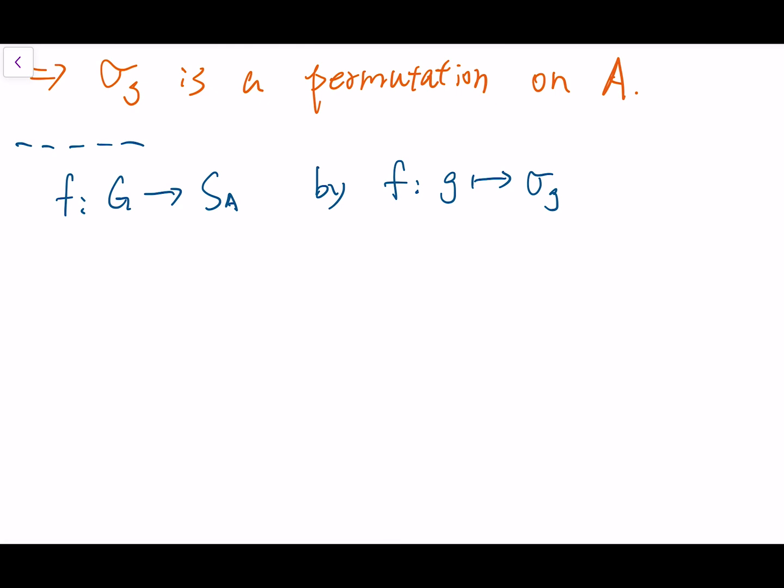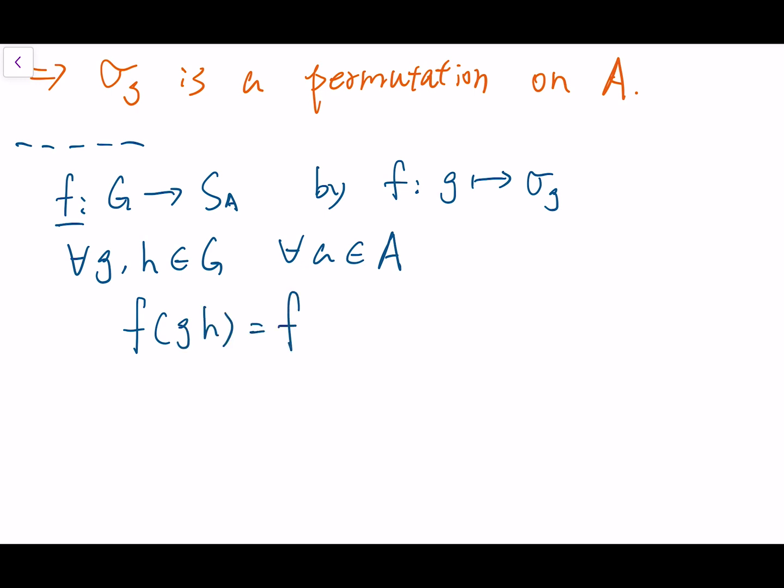And then for any elements g and h in the group, and for any element a in the set A, because we want to show that this map F is a homomorphism, that is to show that F(gh) equals F(g) F(h). So this is what we want to show.